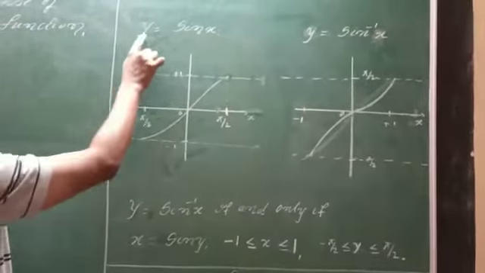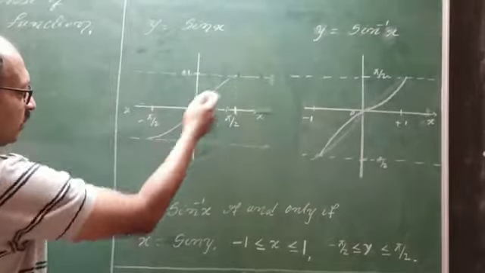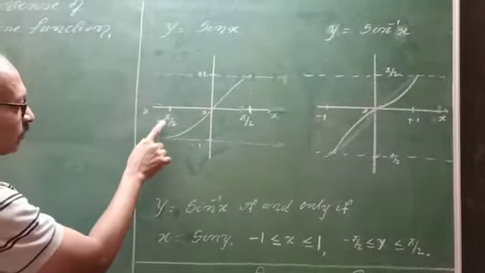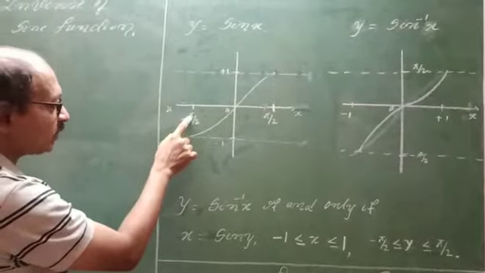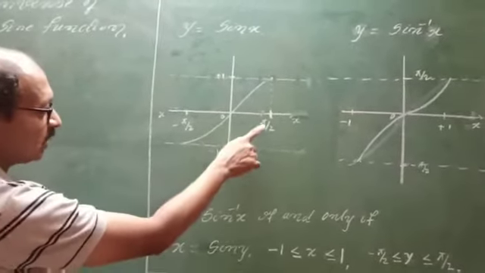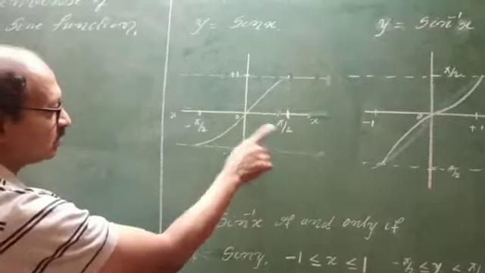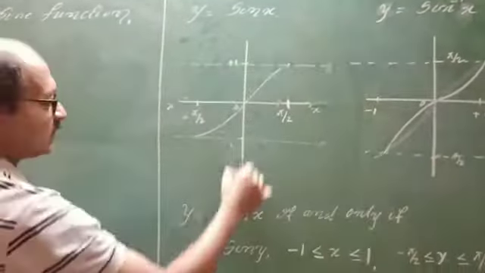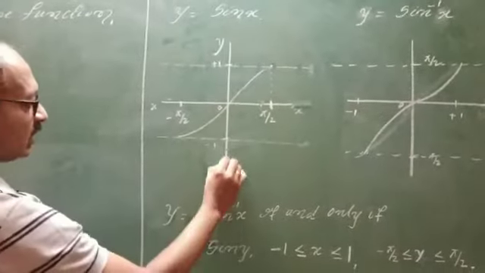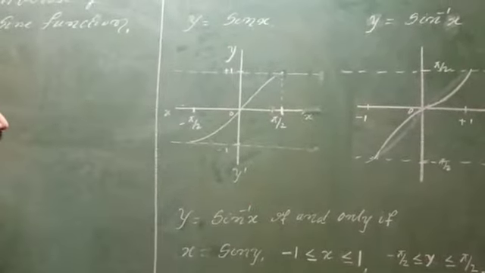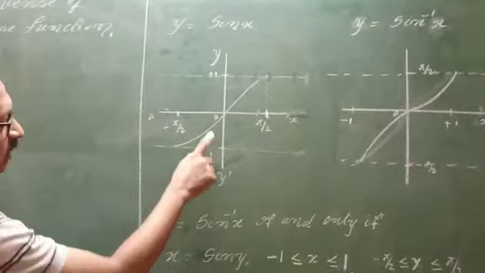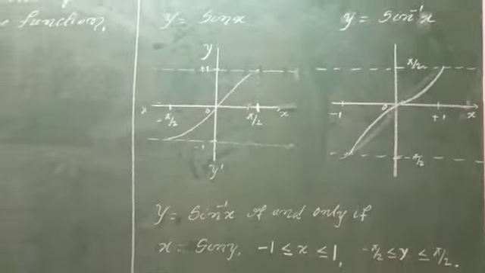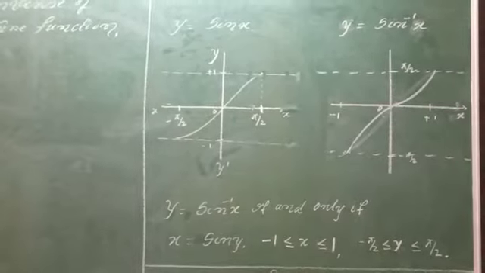If y is equal to sine x, then I can represent this from minus pi by 2 to pi by 2 on the x axis, and on the y axis, y and y dash, from minus 1 to plus 1.